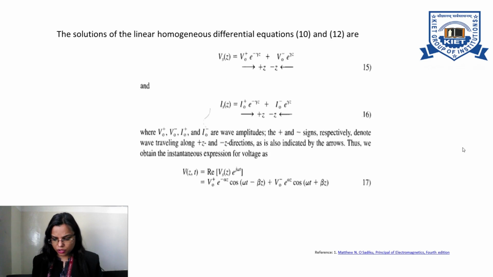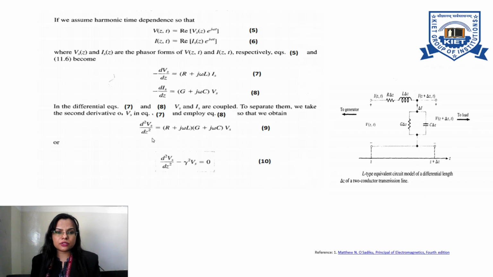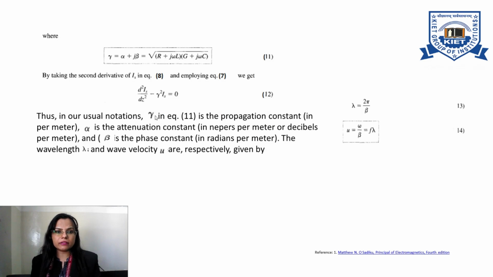Now, the solution of the linear homogeneous differential equation. We need to solve equation 10, d square Vs over dz square minus gamma square into Vs equal to 0, and equation 11, d square Is over dz square minus gamma square Is equal to 0.